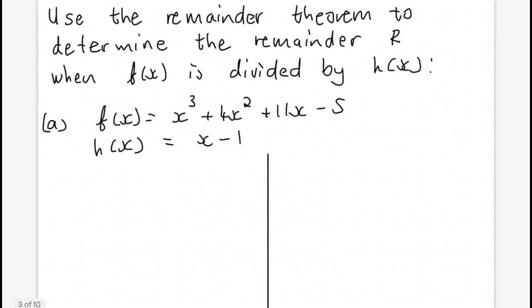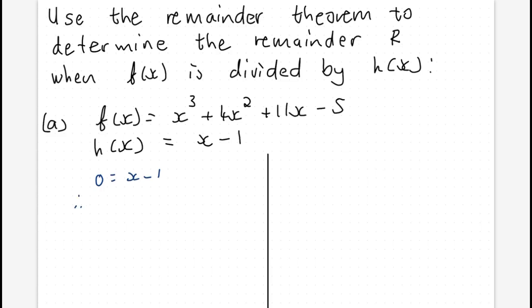Here's a first example. Use the remainder theorem to determine the remainder r when f of x is divided by h of x. So here's f of x. We want to divide it by h of x. So in order to do that, we're not going to go ahead and do a long process of long division somehow. We're going to equate the linear equation to 0. So we're going to say 0 is equal to x minus 1.